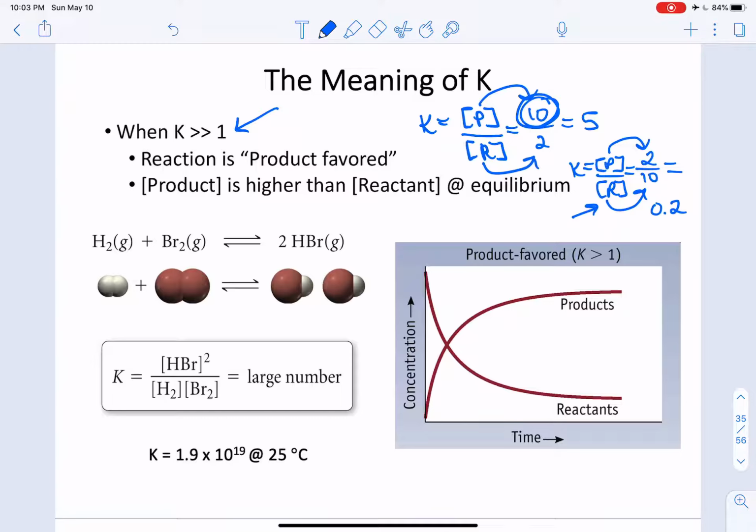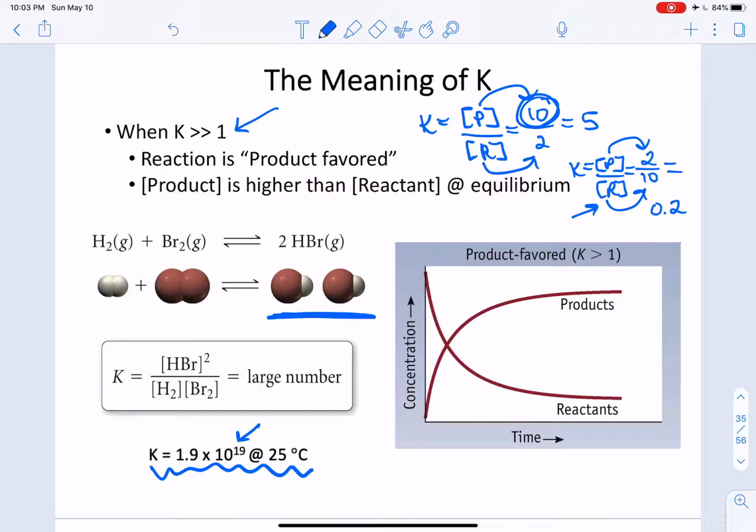Okay, so what kinds of reactions have a K that's greater than 1? Well, if we react hydrogen gas with bromine gas, it's going to give us a lot of HBr. And how do I know that? Well, if I look up the K value for this reaction, I'll find that K for this reaction at 25 degrees Celsius is 1.9 times 10 to the 19th.